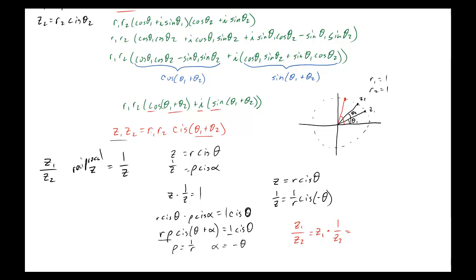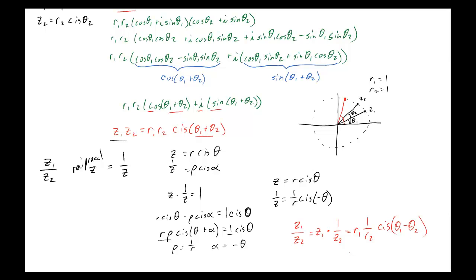Z1 is r1, and then it's going to be multiplied by r2, but r2 is going to be the reciprocal, so it's 1 over r2. Then we'll have the cis, and we'll add the angle for z1, so theta 1, and we're going to add the negative for the reciprocal of z2, so in essence minus theta 2.